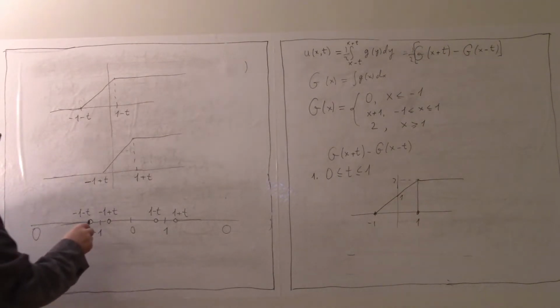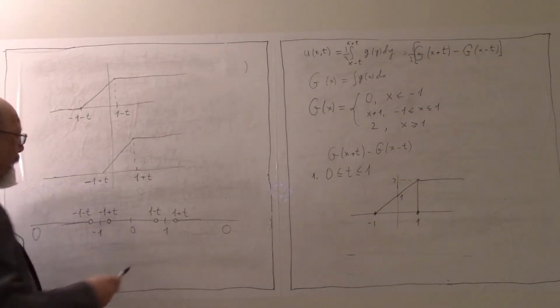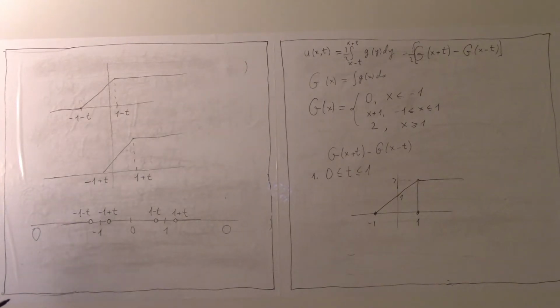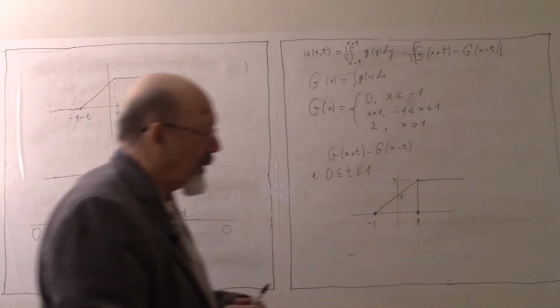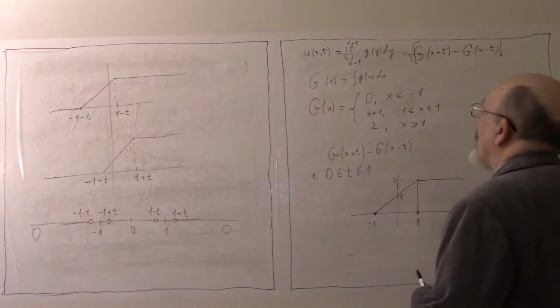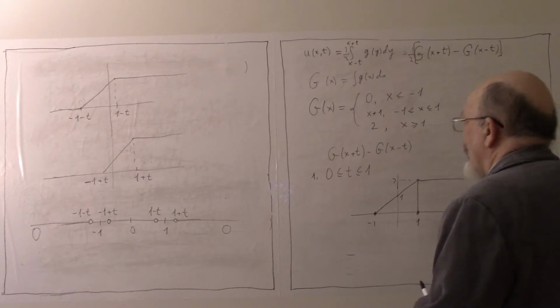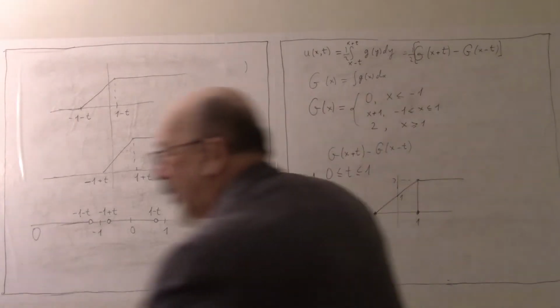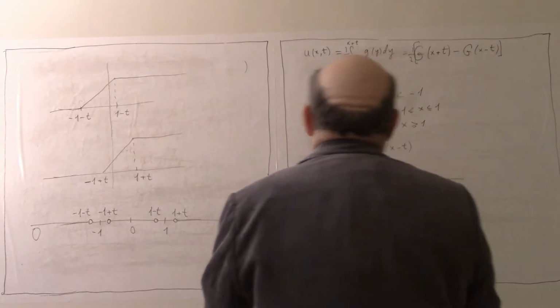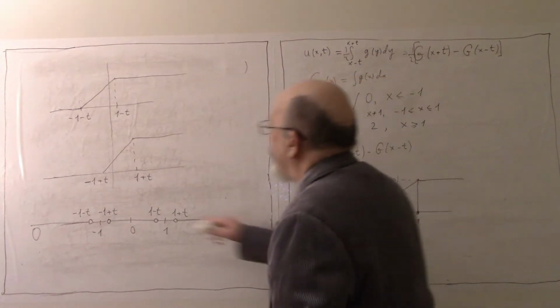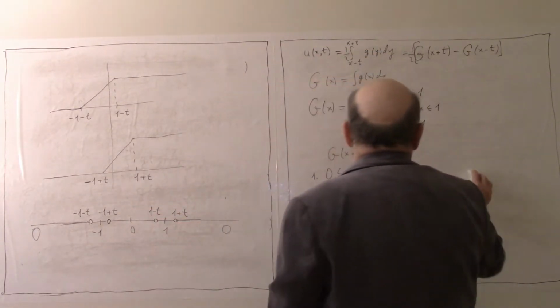And so we have 1, 2, 3 interesting segments. Yes. So now let us write down the expression for G on all 3 of these segments.